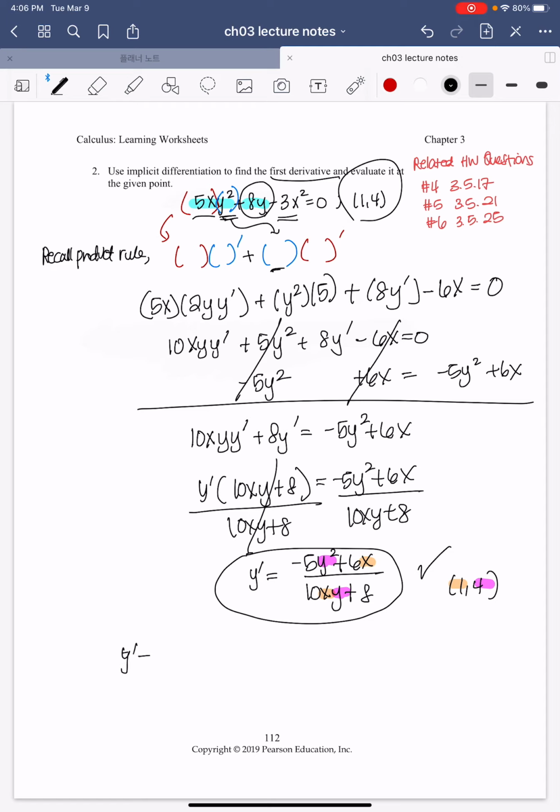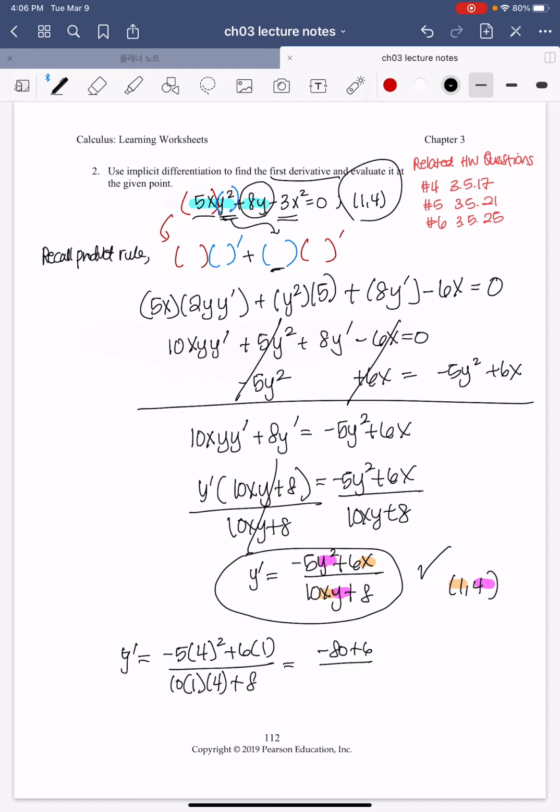So y prime ends up being negative 5 times 4 squared plus 6 times 1, over 10xy plus 8. Okay, so I have negative 5 times 4 squared. So that will be, let's check with the calculator, 16 times 5, negative 80, plus 6.